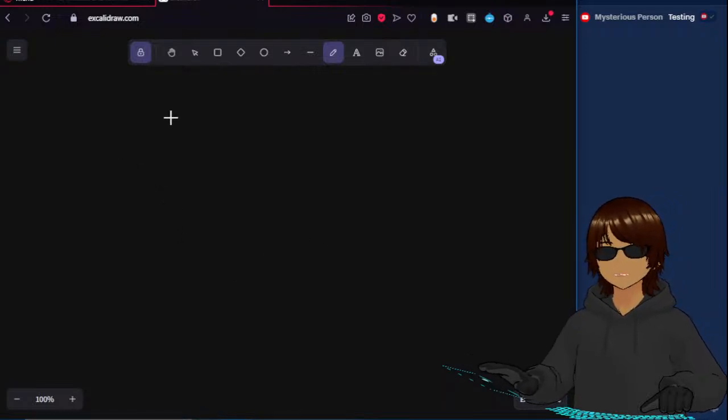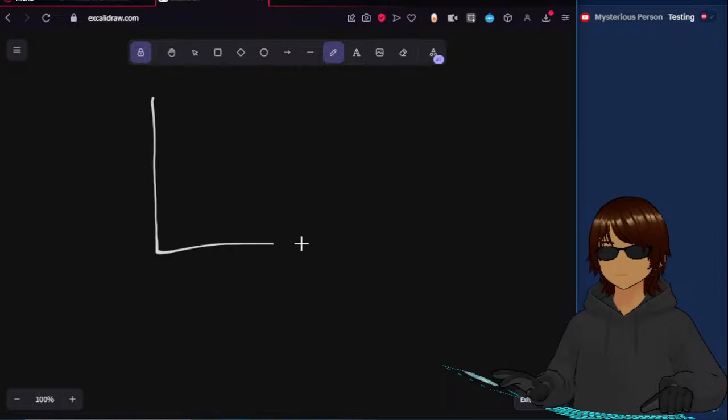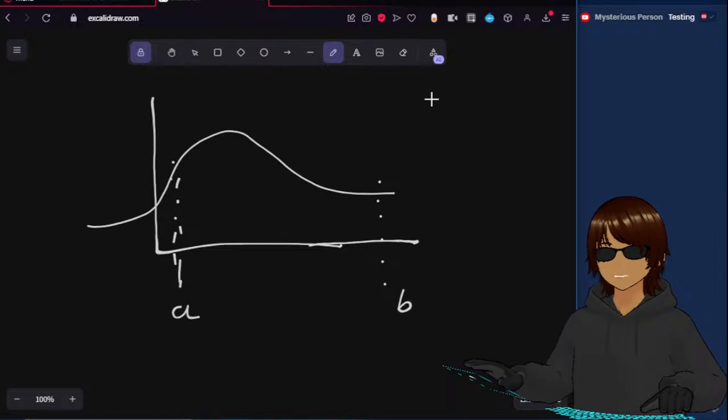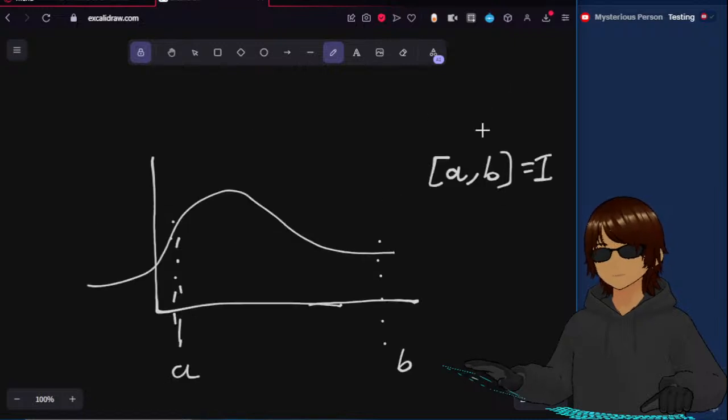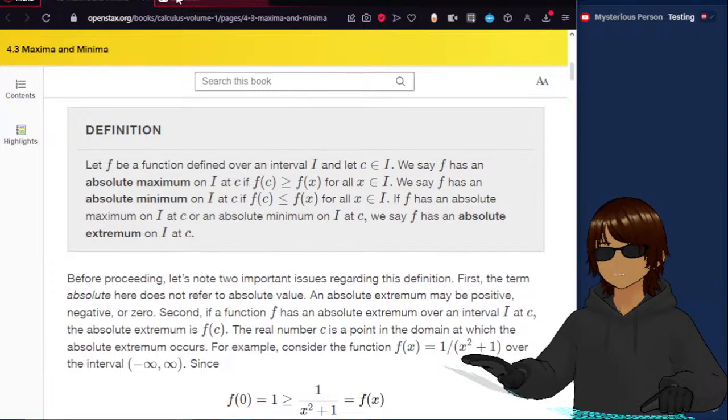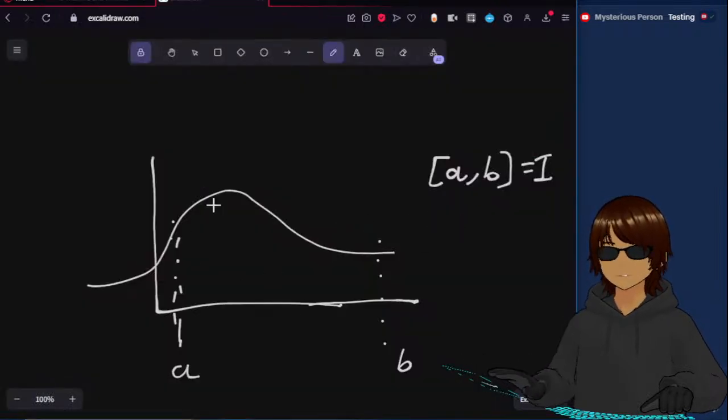So from what I understand, here's a function and I define an interval. Let's say this. And then I is basically this entire set. And then c is inside I, so c is somewhere here.